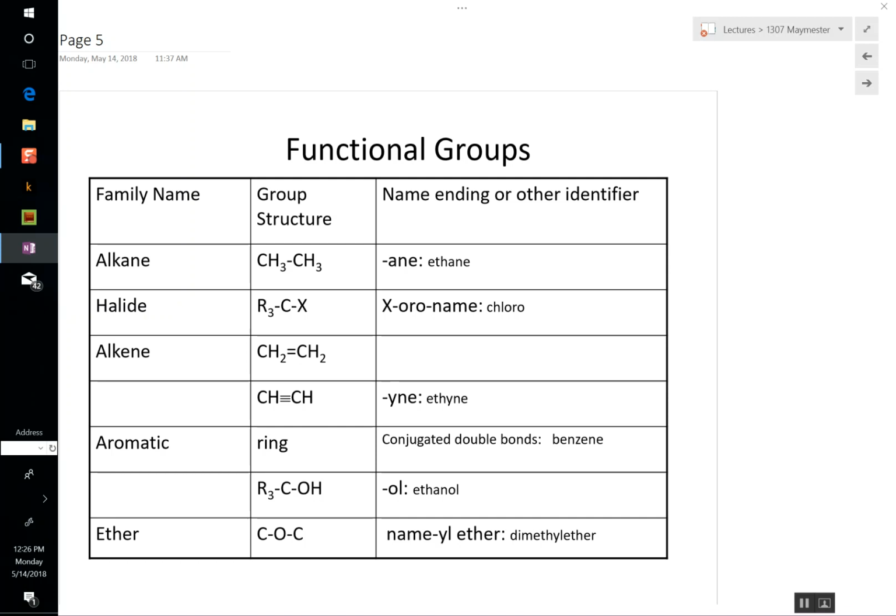Chapter 11, we've got alkenes. Okay, what do alkenes have? They have carbon-carbon double bonds in them. That's the functionality. That's the thing that reacts differently than carbon-carbon single bonds. Carbon-carbon double bonds are different, and they react differently.